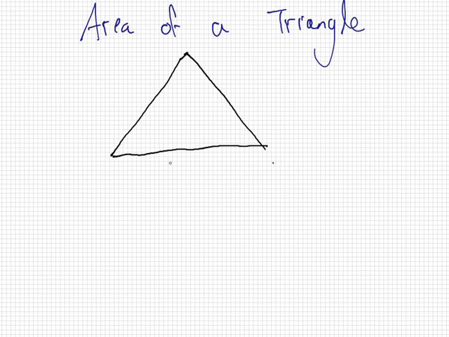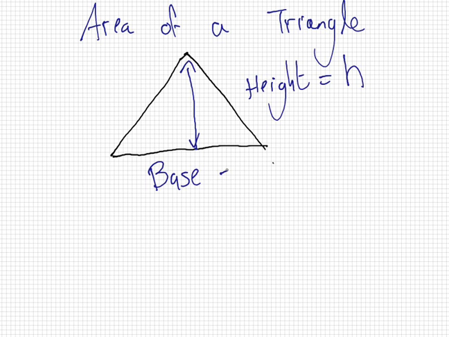When you have a triangle here, this is called the base, and this here is the height. We'll use H for height and B for base. And the formula for the area is a half the base multiplied by the height.